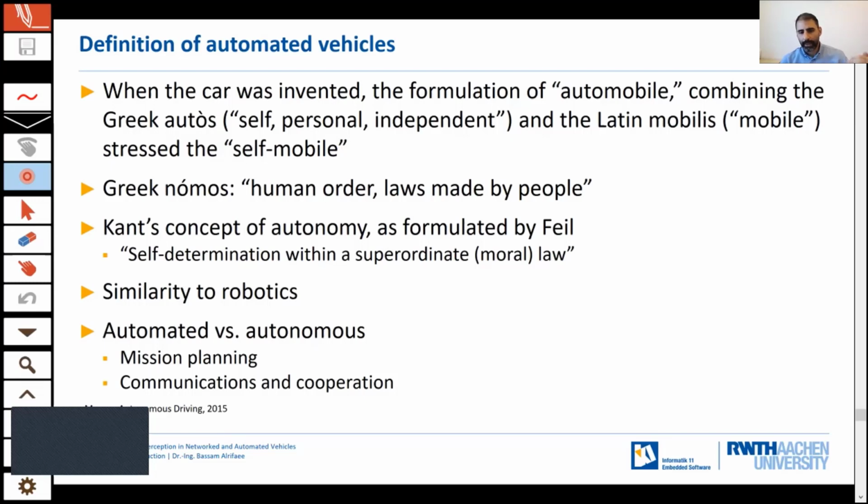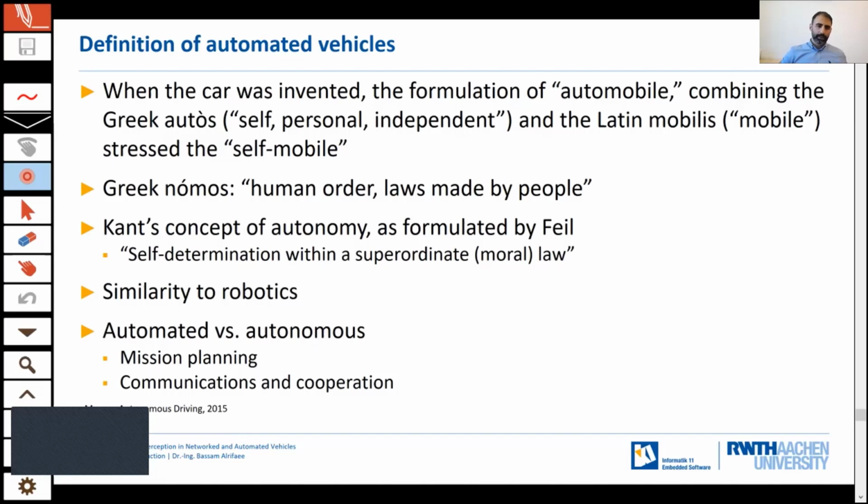Of course, the mission planning level is still decided by me or by the algorithms I design. For example, think about packet delivery. So mission planning is the point where you can also distinguish between automated and autonomous.